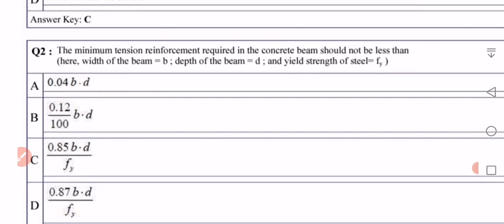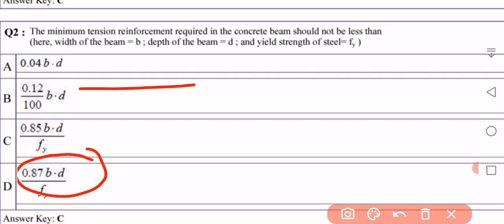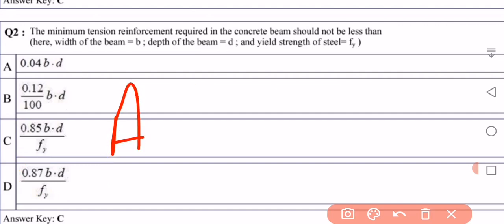Next question. The minimum tension reinforcement required in the concrete beam should not be less than. In this question, it asks for the minimum required area of steel.